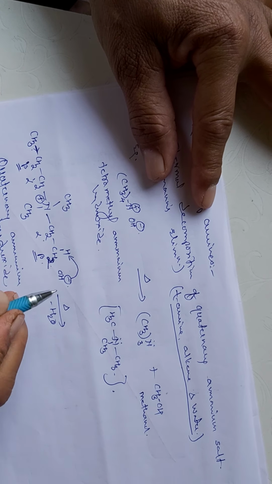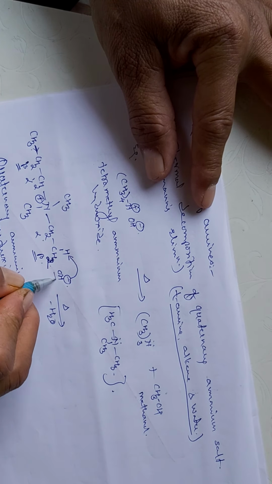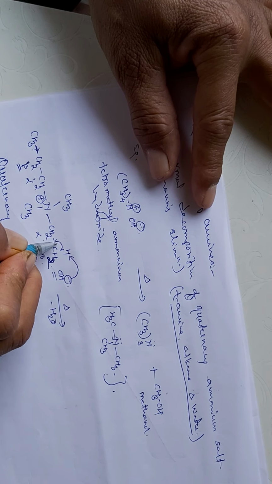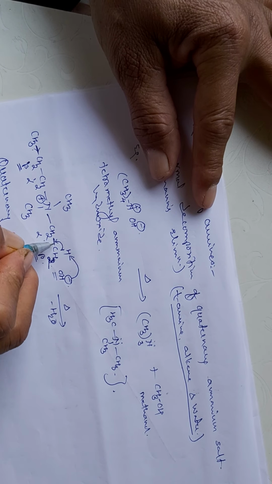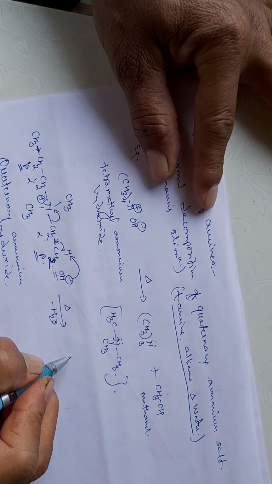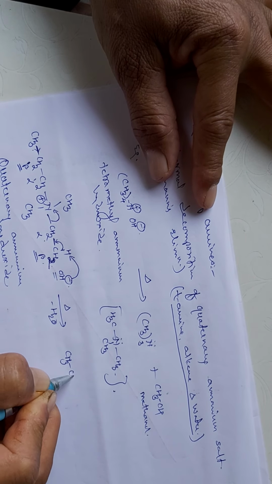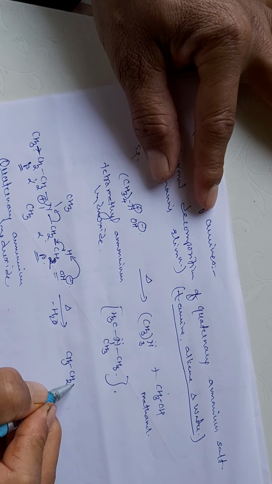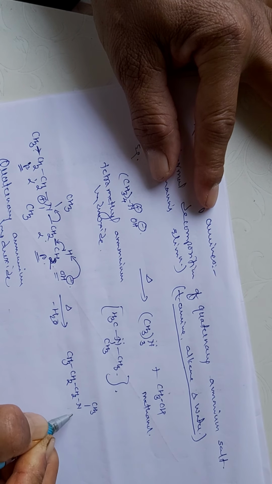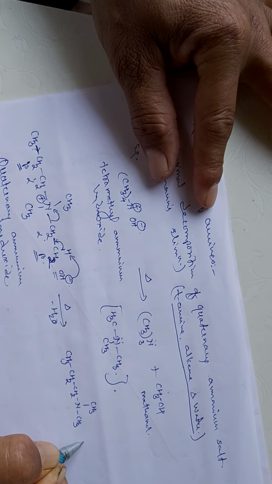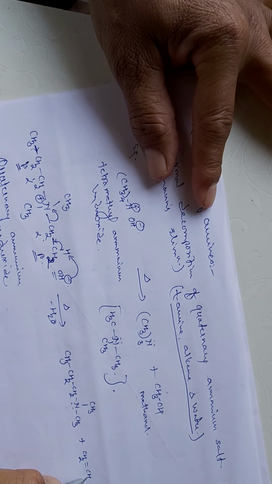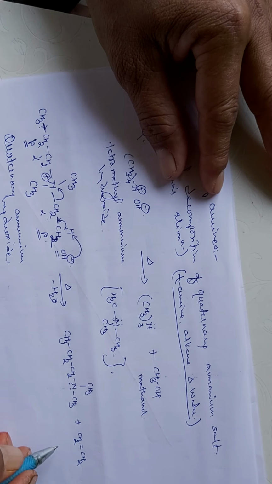This proton is abstracted by the base, that is OH minus, and the electron pair is transferred to this CH2, and then this electron pair is transferred to the nitrogen. So you get the formation of CH3CH2CH2NCH3CH3 plus CH2=CH2, that is the alkene is obtained.